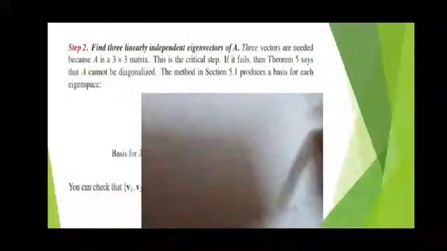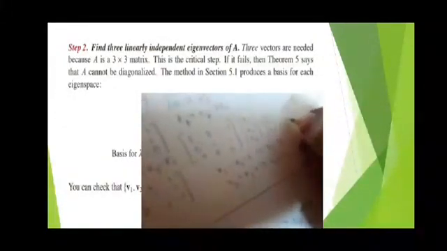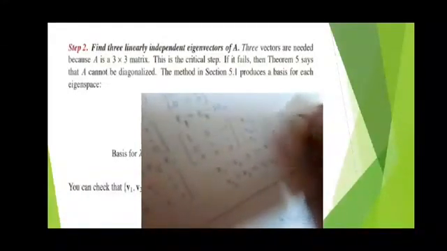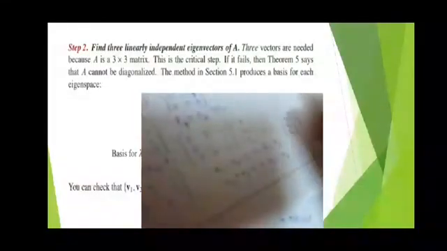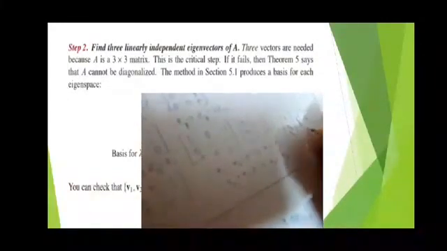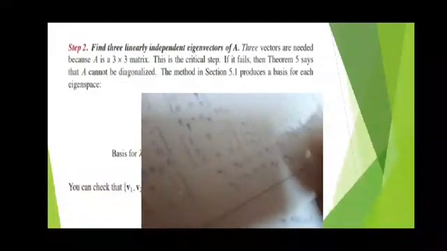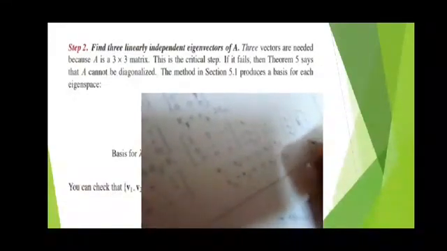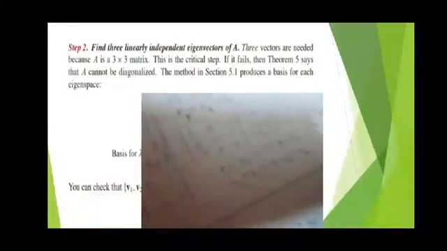Taking x3 as a constant, x1 x2 x3 is x3 times 1 minus 1 1. Okay, so this is the eigenvector.